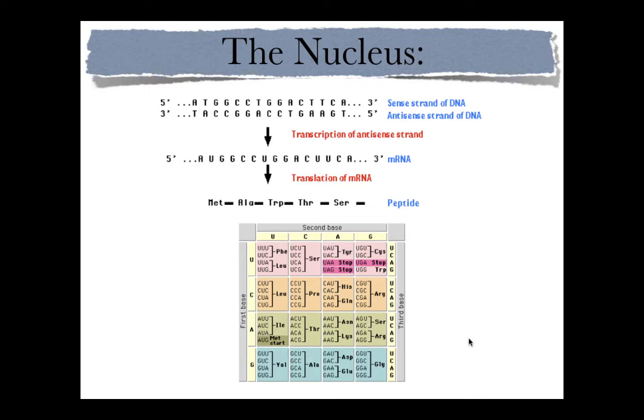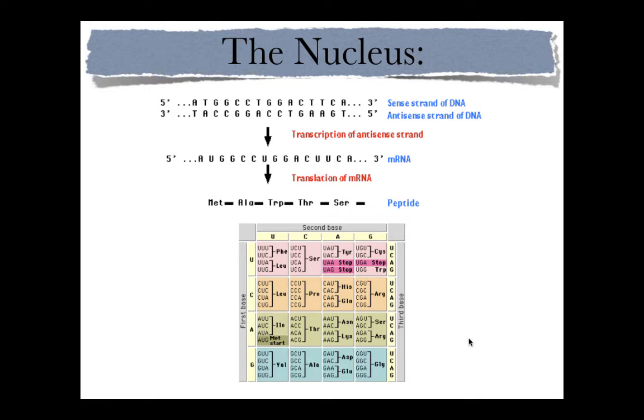Right? So now I got a T here, and I go, okay, that binds with an A. And now here's my A. I'm going to go T, but because I'm making RNA, that's a U. And now I go, okay, now what's complementary to C? G. So there's my G. Remember that? Okay?